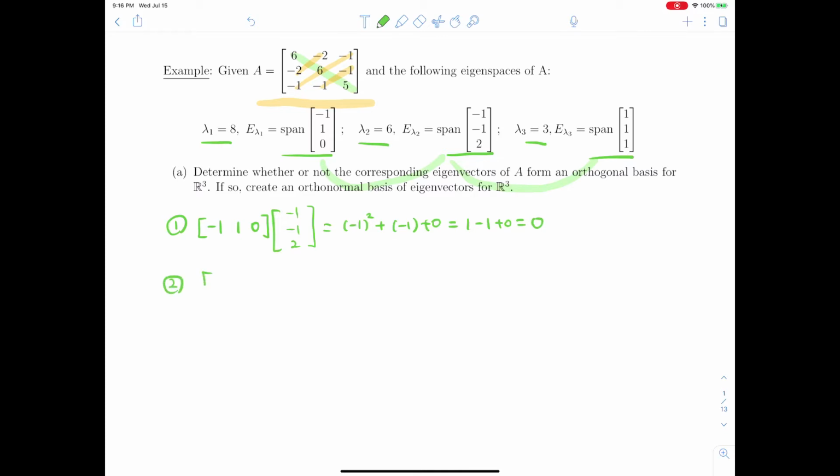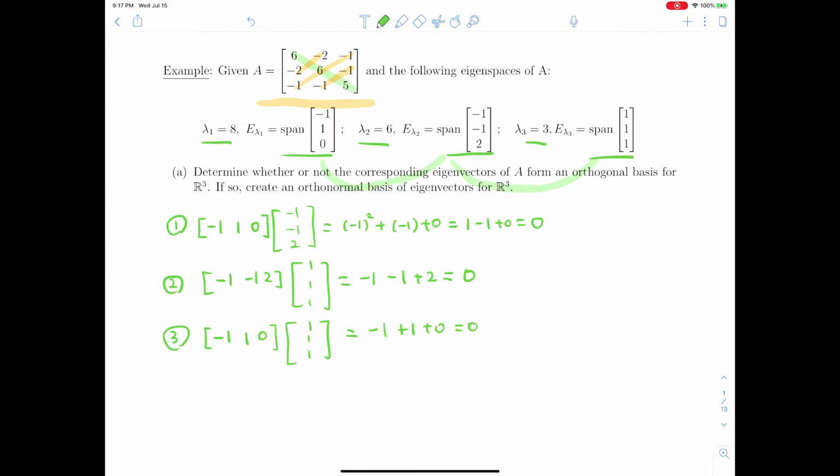Second, the dot product of (-1, -1, 2) and (1, 1, 1) gives you -1 minus 1 plus 2, which again gives you 0. Lastly, the dot product of (-1, 1, 0) and (1, 1, 1) gives you -1 plus 1 plus 0, which equals 0.